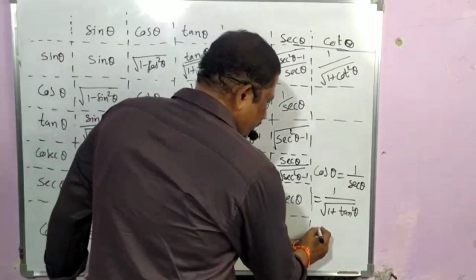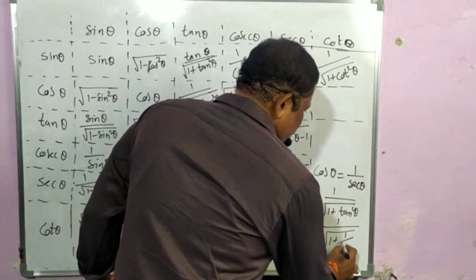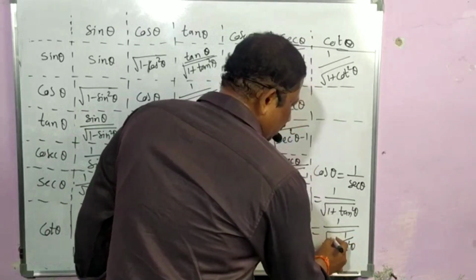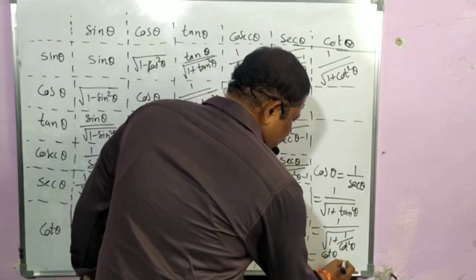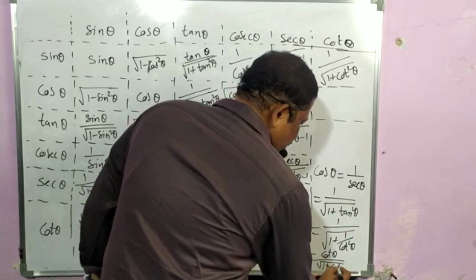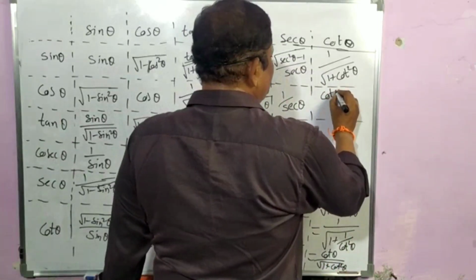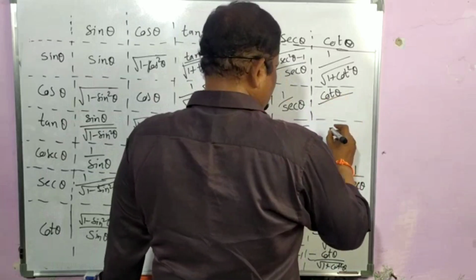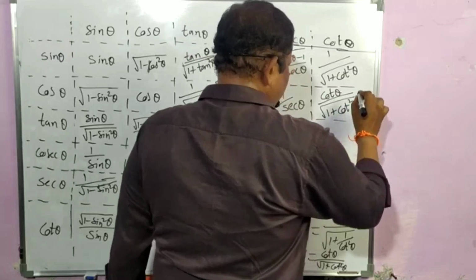So in the place of tan you have to keep 1 by cot square theta. So LCM you take, cot goes up, root square cancels: cot theta by under root of 1 plus cot square theta.